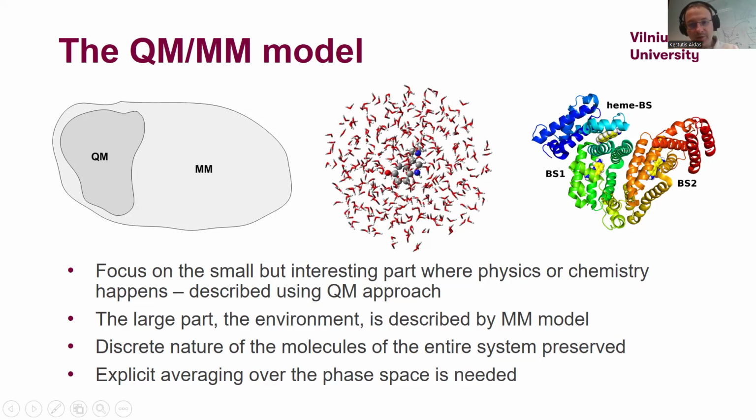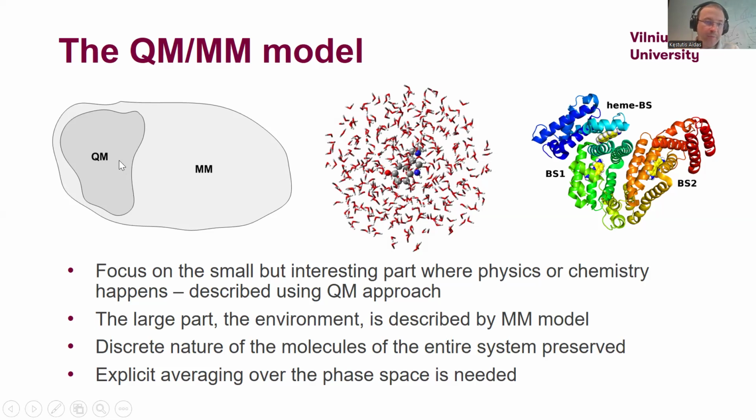Usually the part which you are interested in, the properties of which are of interest, is quite small. Like, for example, we have a molecule solvated in some liquid. Here it is water. Then we possibly are only interested in the properties of the solute, whereas we can look at the solvent as being of secondary importance.